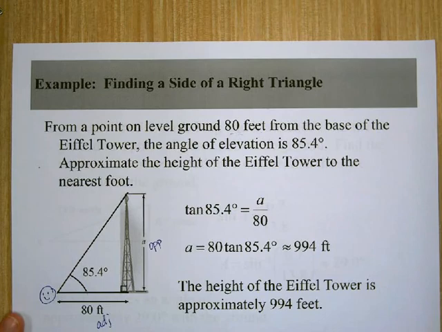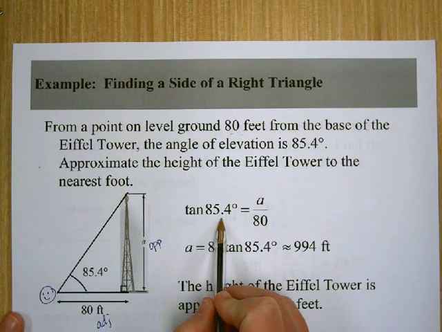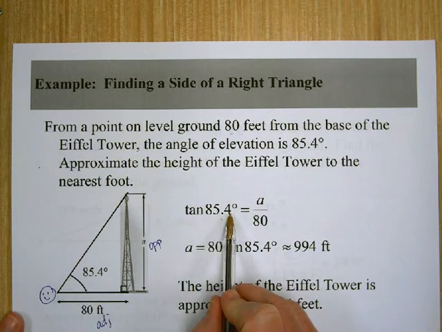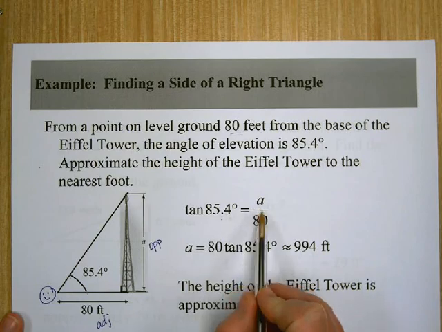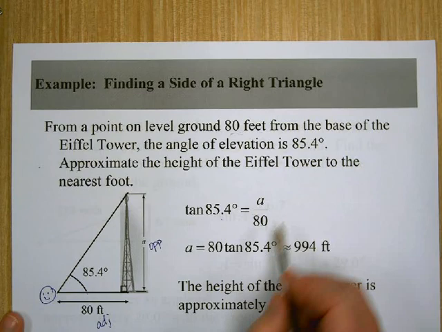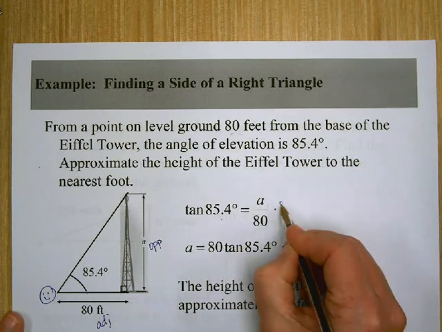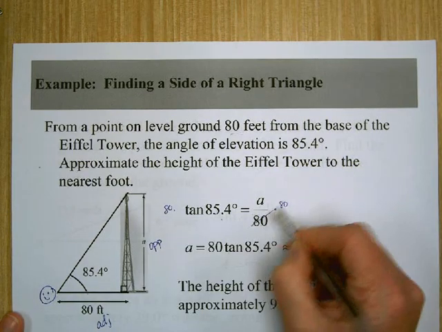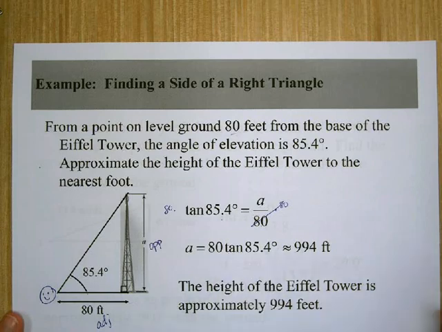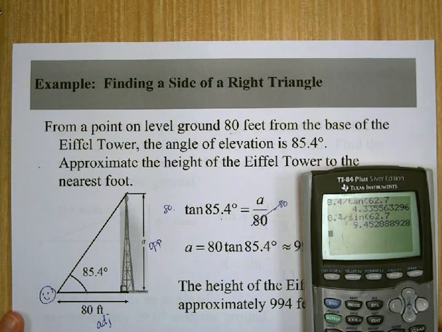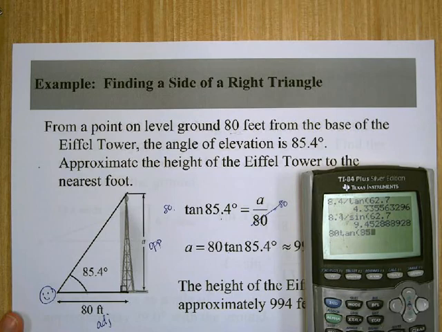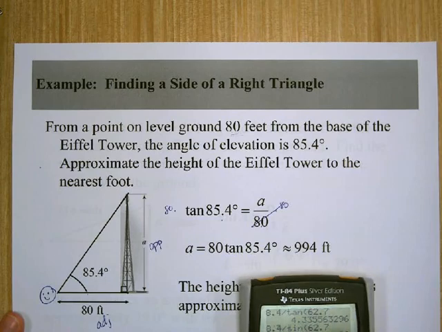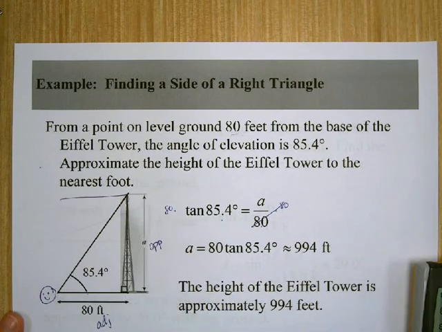So I know that I am using the tangent function. The tangent of 85.4 degrees is equal to the opposite over the adjacent. I need to multiply both sides by 80. So 80 times the tangent of 85.4 degrees is 994 feet. Nearest foot, 994.